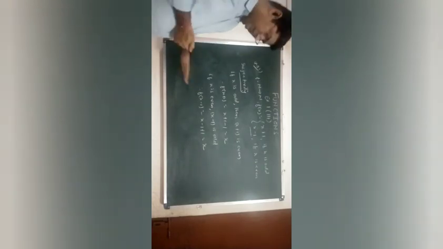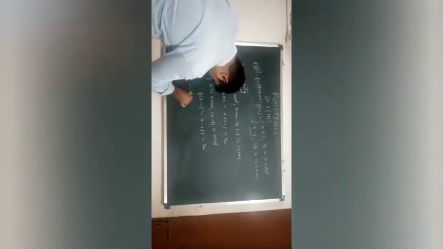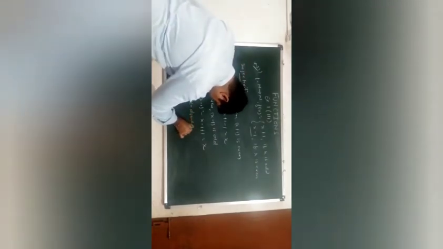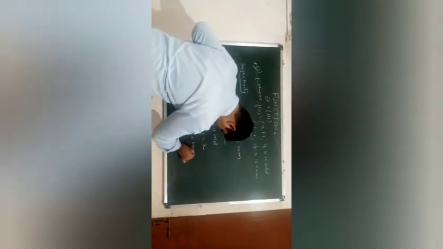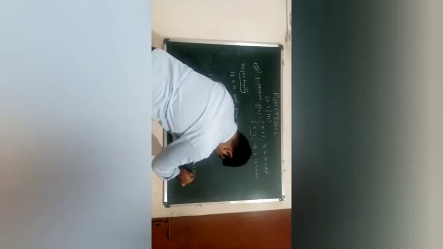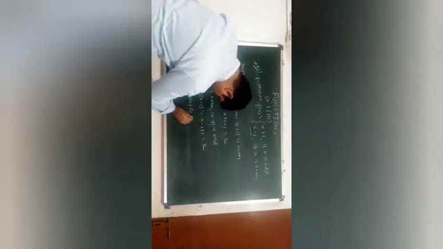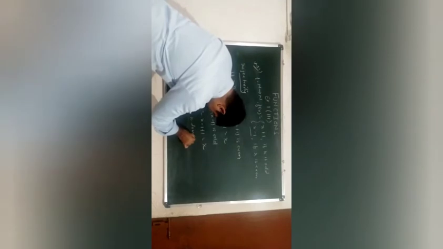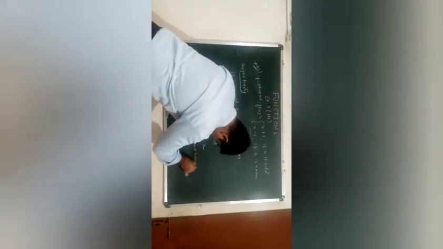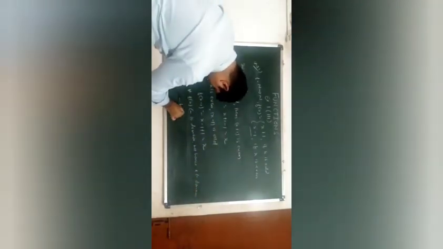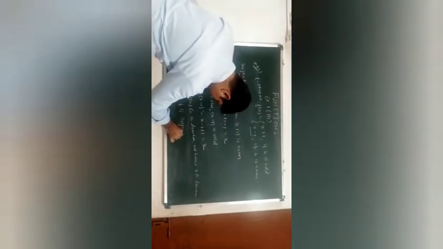And therefore this function is a surjective function, and therefore for all f of x belonging to the codomain, we have x belonging to the domain, and therefore f is surjective.